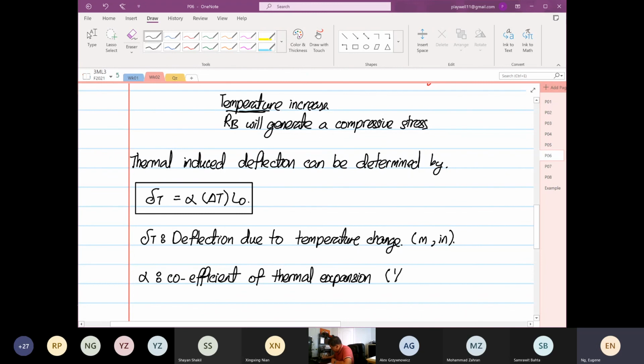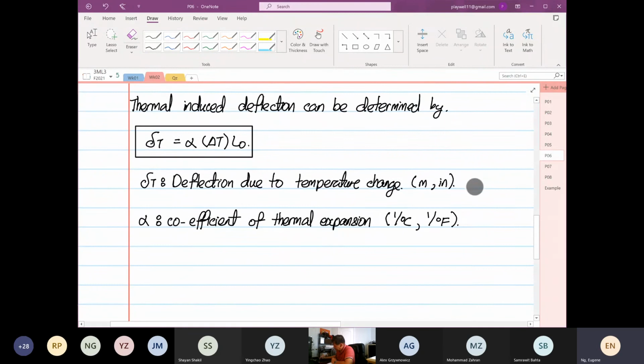The unit is 1 per degree C or 1 per degree Fahrenheit, depending on whether you are dealing with temperature in degree C or Fahrenheit. And delta T is the change in temperature.